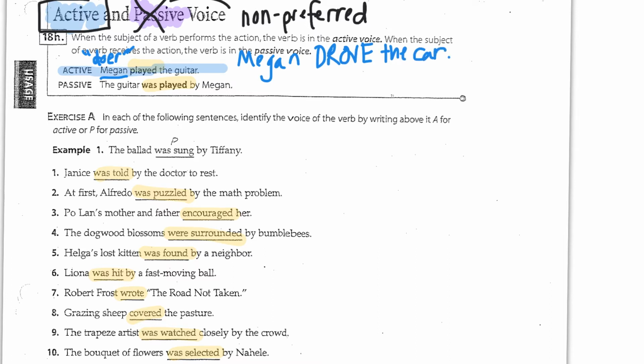And not to give off the impression that Megan or any doer needs to be particularly active. When we're talking about active voice, the active part of an active voice verb does not need to involve someone moving or involving a lot of motion or physical activity.